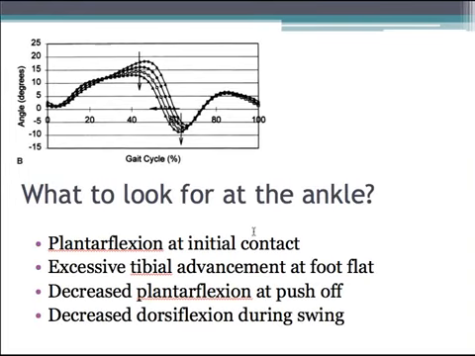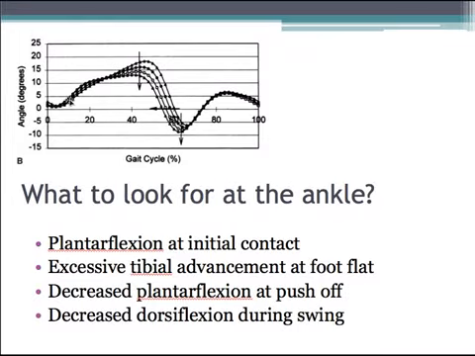So how can we use this to cue us in on what to look for clinically? At initial contact, it's important that people are dorsiflexed so they can have a smooth transition to weight acceptance. If they're plantar flexed, that's going to stop forward progression and immediately affect the gait cycle.